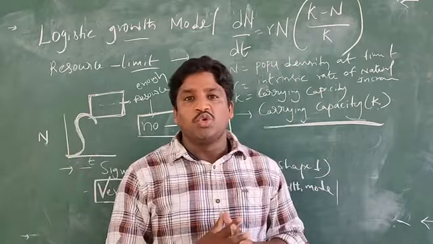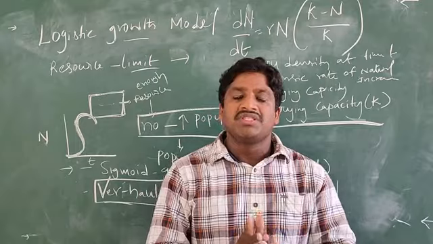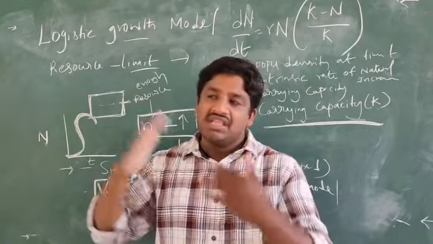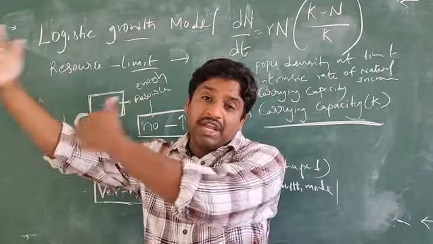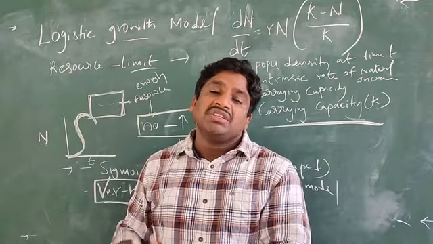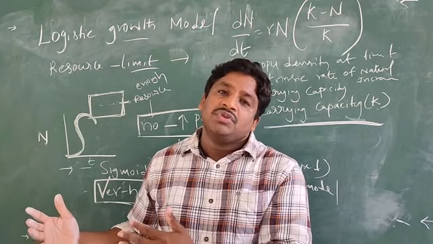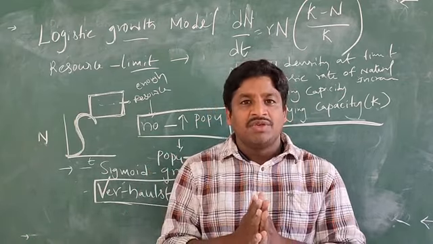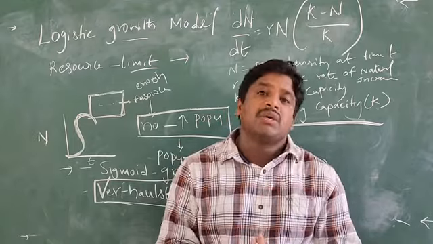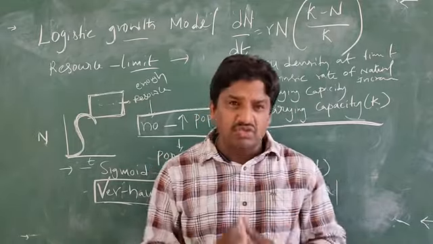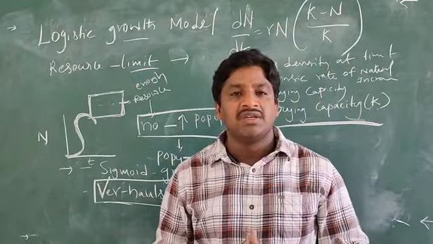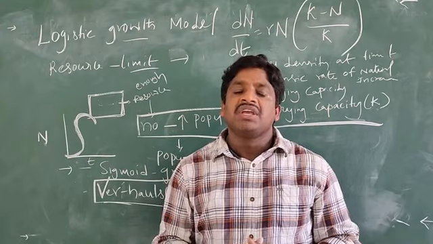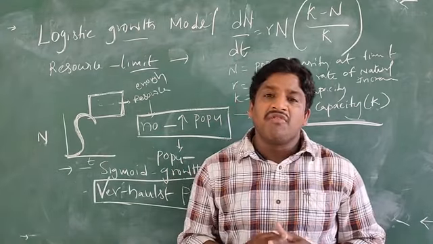In the logistic growth model, the resource availability becomes limited at a certain point of time. So the population cannot increase. The resources present are enough to support only the maximum number of individuals.